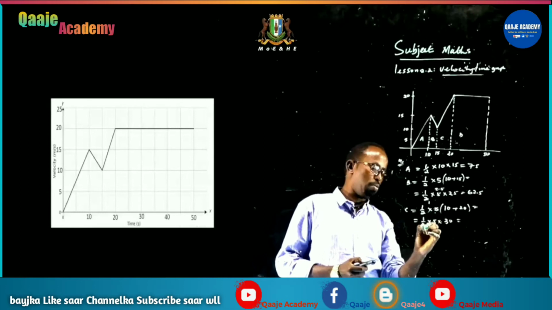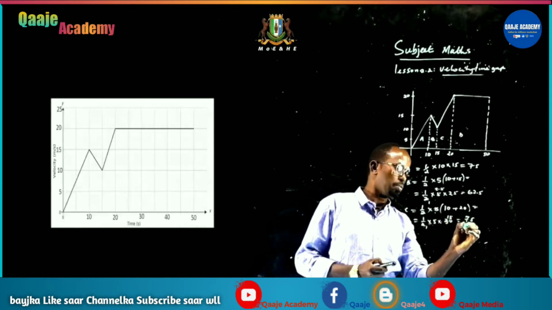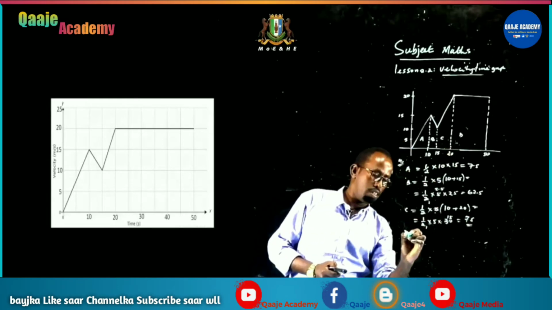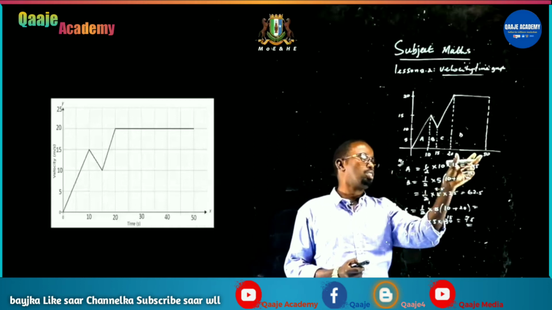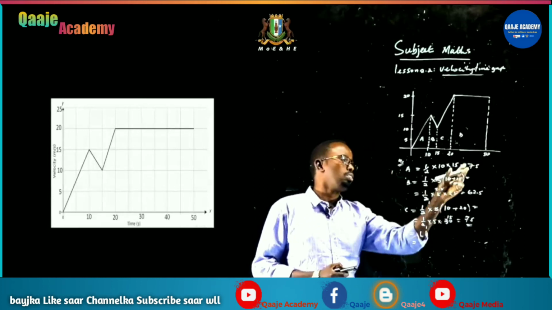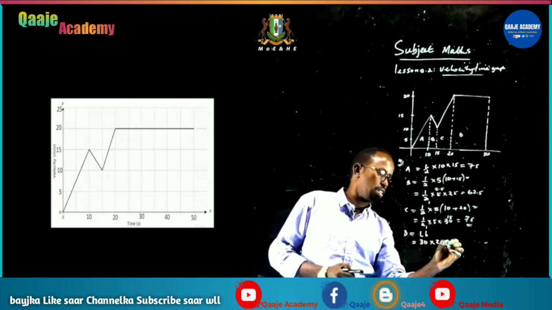You get 15 times 5, you get 75 again. Then lastly, that is a rectangle. You subtract these two, length times breadth. So 30 multiplied by 20, you get 600.